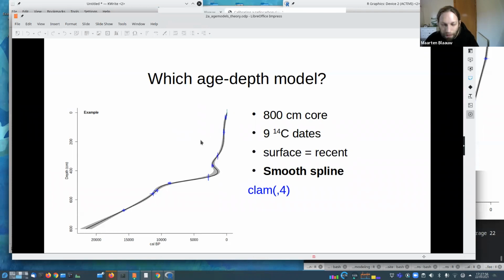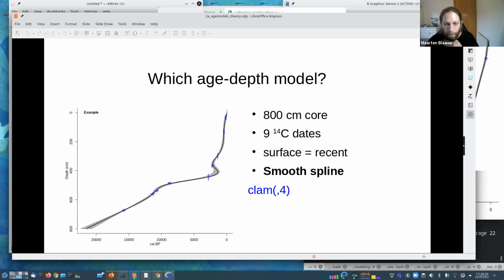And of course we hope that cannot happen in real life at our sites, because we can quite safely assume that our site has accumulated in a monotonous way over time, without age reversals. If you do have a site with age reversals, then of course it can happen, but then you have to try other models.